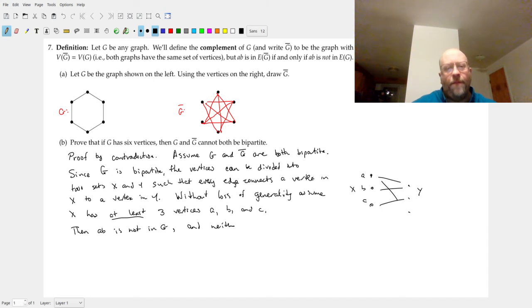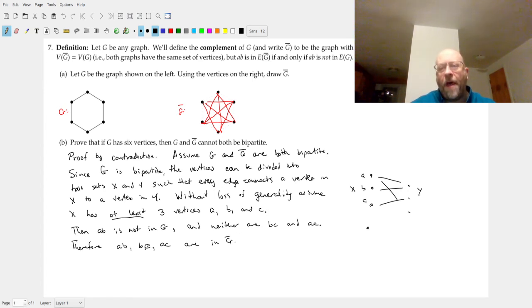Therefore, AB, BC, and AC are in G complement, because any edge that's not in G is in G complement.